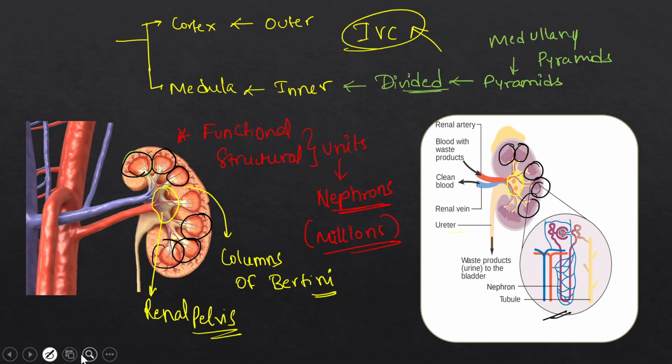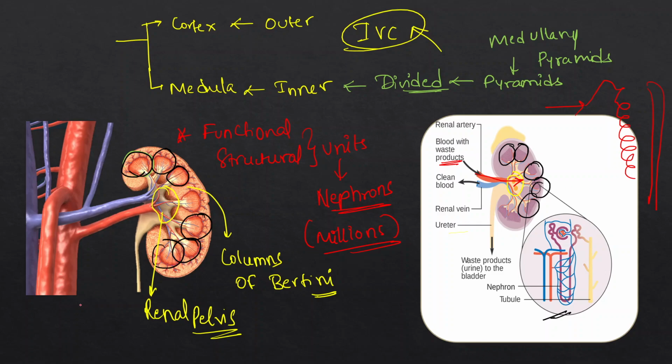So the blood first enters through the renal artery. Then it passes to the calyces, then it enters into the medullary pyramids, and in these medullary pyramids it passes throughout the nephron, and urine is collected into the collecting duct.